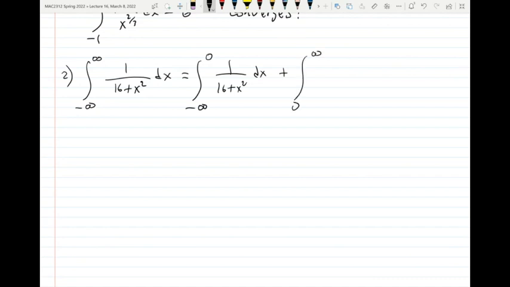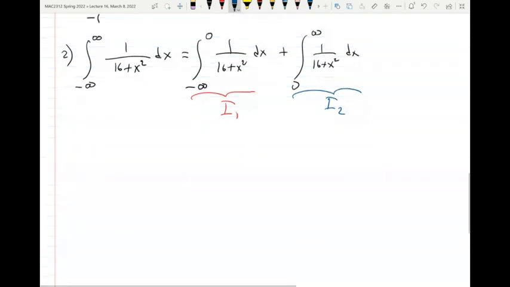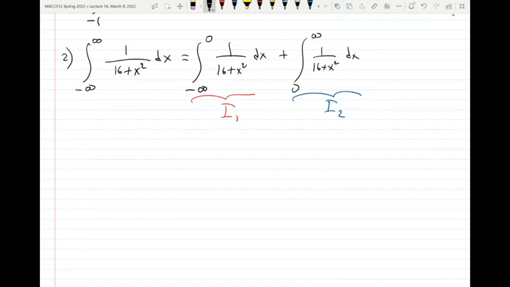And just like before, because we have two intervals, this will be I1. I'm gonna call this one I2. Okay? I'm going to compute each of them. So I'm gonna calculate the antiderivative first, so then we can go straight to the limits quick. So let's figure out the antiderivative first.